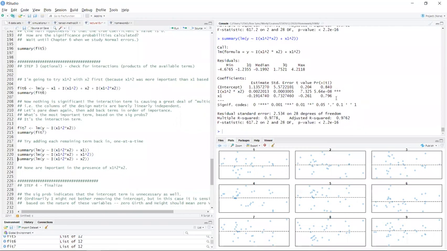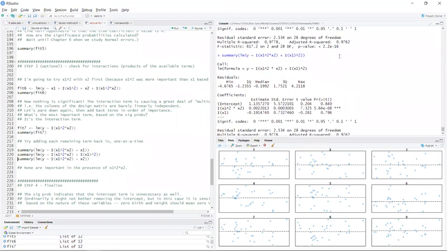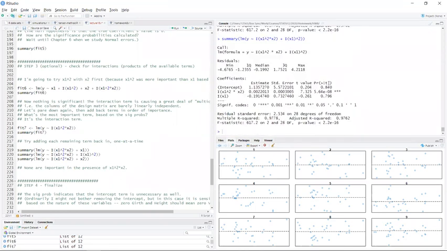No. Oh, you know what? I'm missing something. Okay, well, I've got my parentheses in the wrong spot. I forgot to use the I to protect that.